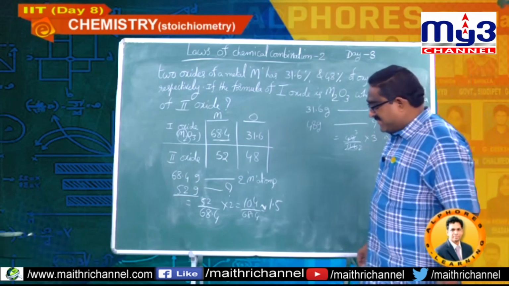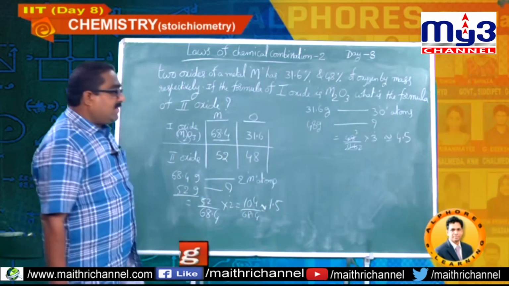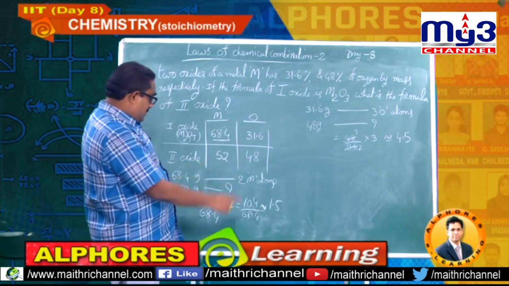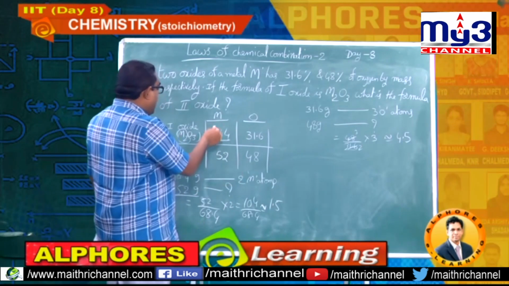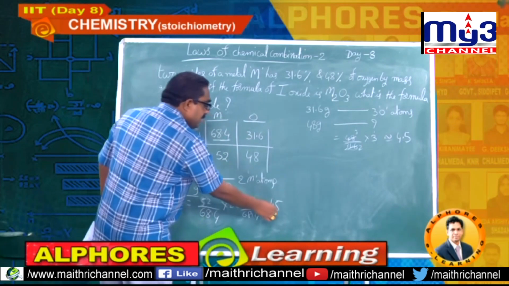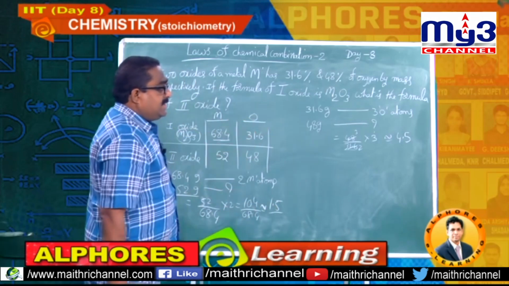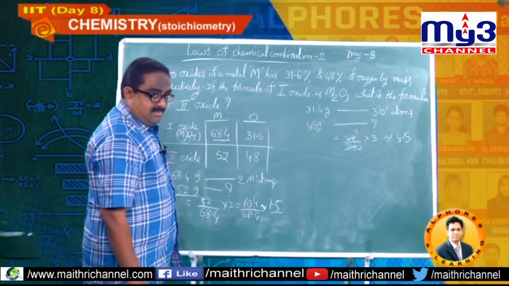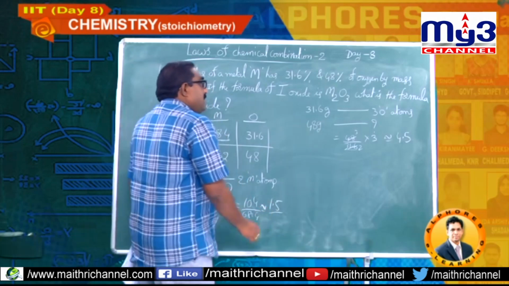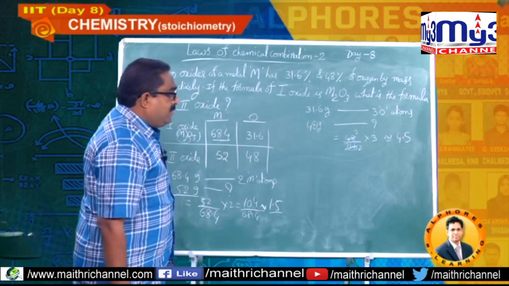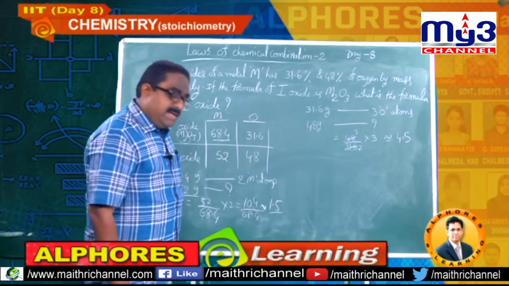Okay. Now look at the solution. Number of atoms of M I got as 1.5. Number of atoms of oxygen I got as 4.5. But in the molecular formula it should be a simple whole number ratio.